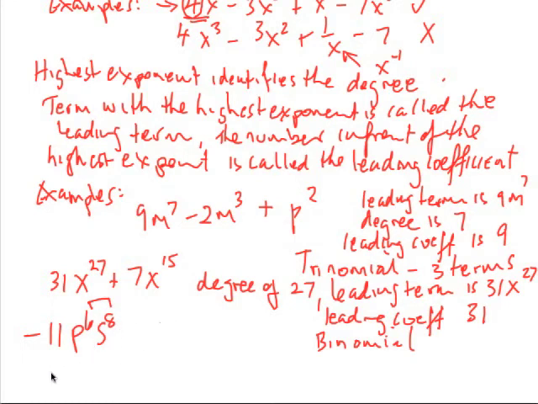In this case we only have 1 term, so this is a monomial. And the degree here is 6 plus 8, which would be 14. And of course the leading term is the term itself, and the leading coefficient here is negative 11. Okay, so that's a brief introduction to polynomials.